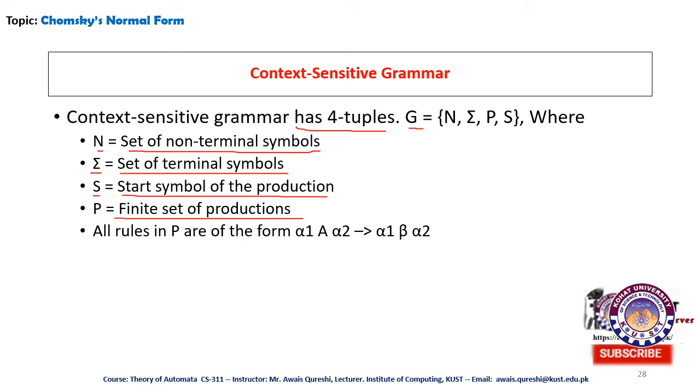The rules in P are of the form alpha 1 A alpha 2 implies alpha 1 beta alpha 2, where alpha and beta are strings of terminals and non-terminals as well. So this is the rule in context sensitive languages.